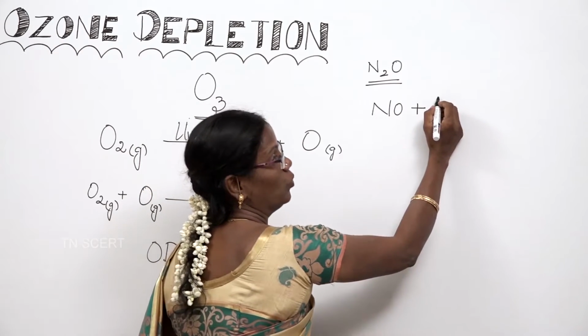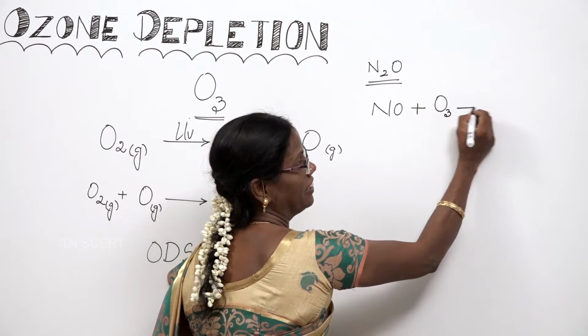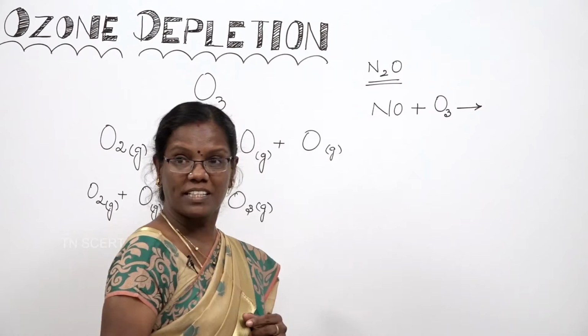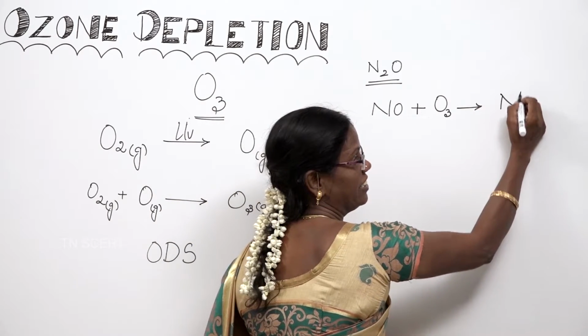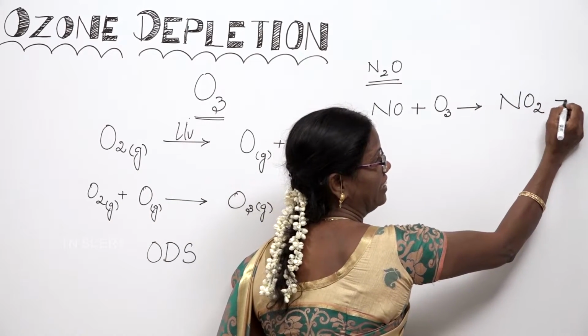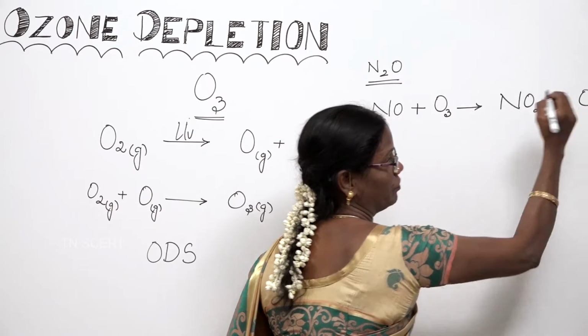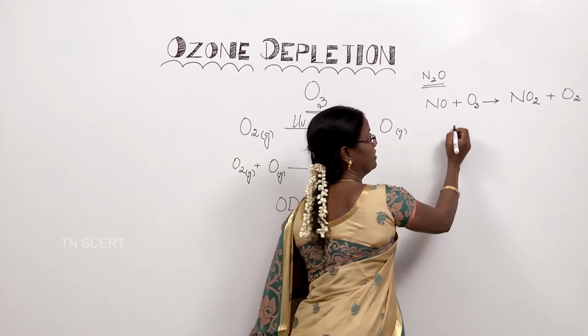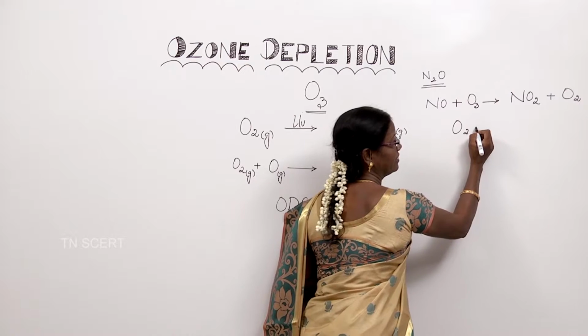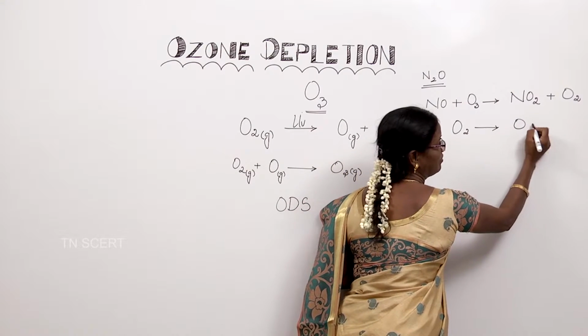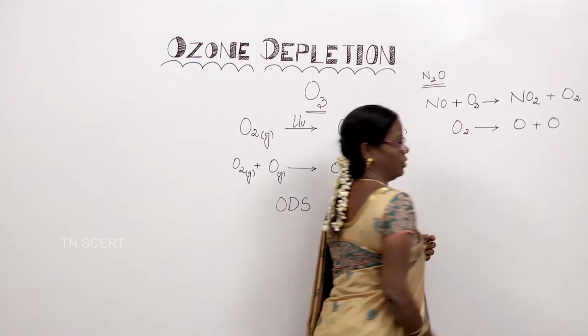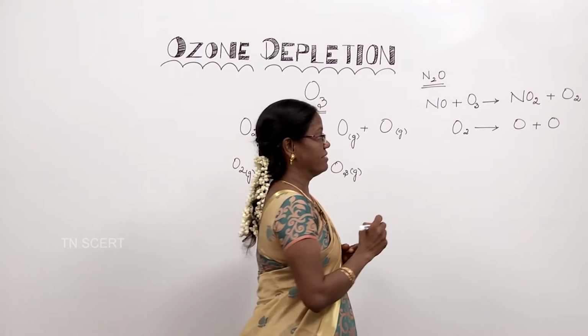reacts with O3, and this forms nitrogen dioxide and O2, right? Then this oxygen is converted into atomic oxygen.